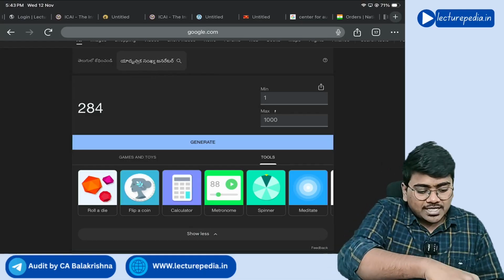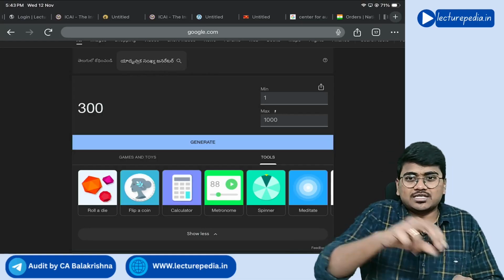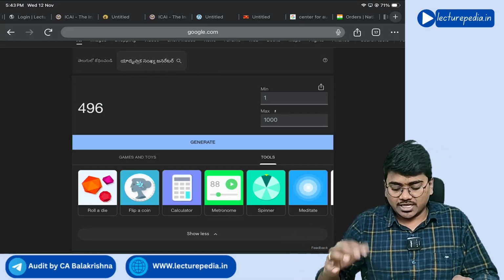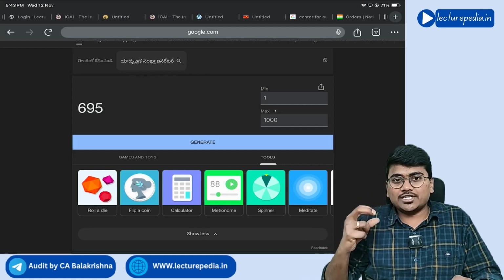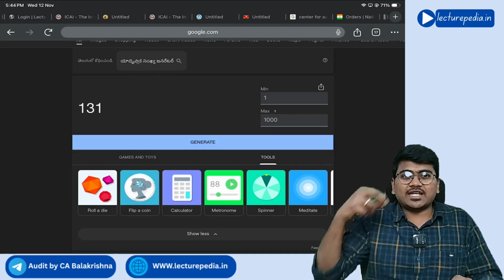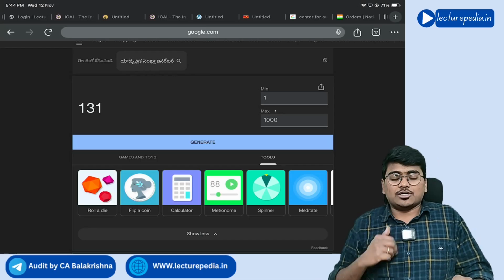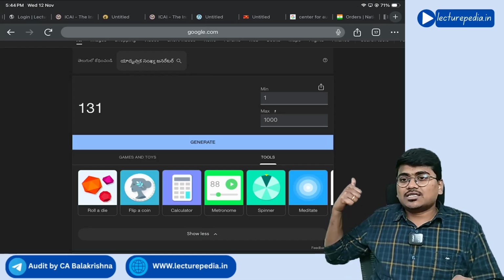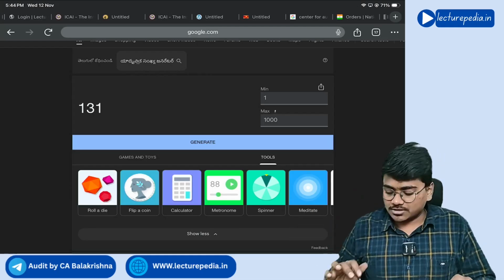So you will pick that item into the sample. Again, once you click generate, it randomly selects, you will pick it again, like this. How many items you want to include in the sample, that many times you will click generate and pick that item into the sample. That is nothing but random sampling, for which you will use this kind of random number generator. Got it?